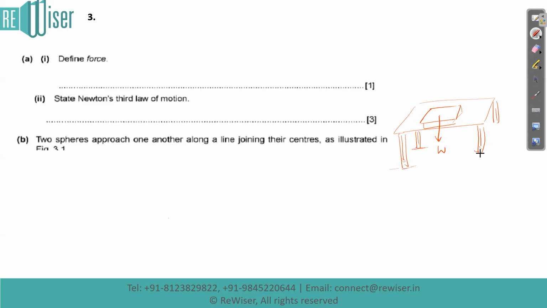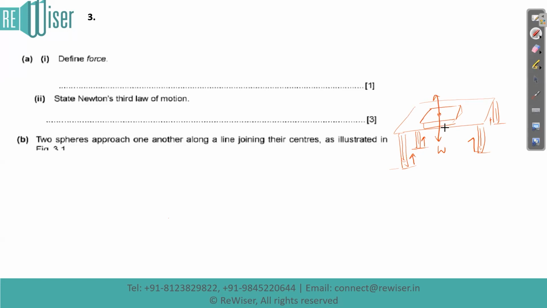Now the ground will exert equal force back into the table, and this table surface will apply exact same force back into the book.